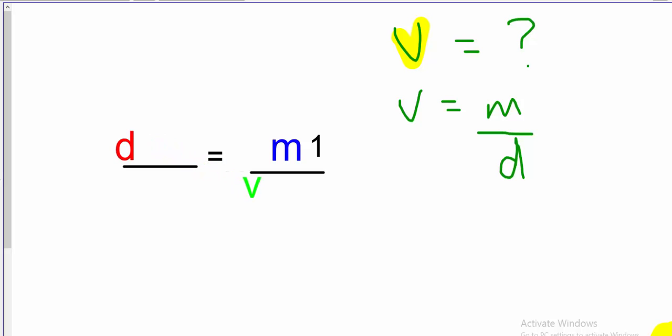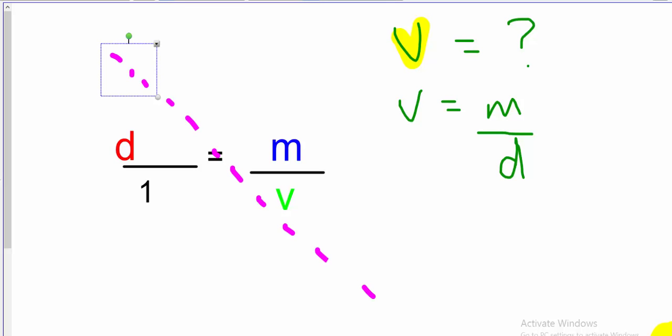So when you're thinking about formulas, if you were to put a big X through the equal sign like this, any of these variables can travel across to the other side of the equal sign, so long as they can never travel directly across.